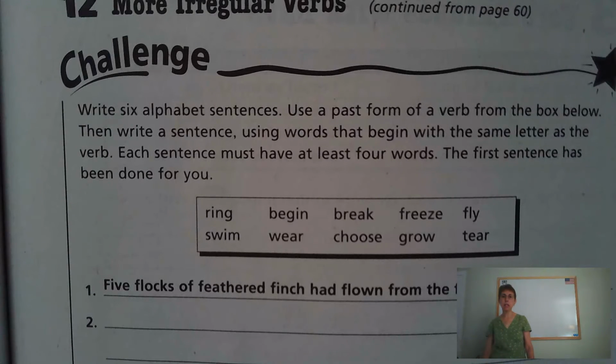Then write a sentence using words that begin with the same letter as the verb. Each sentence must have at least 4 words, at least. At this point in the year, I do expect that your sentences have more than that. But in this case, because they want you to use words that begin with the same letter, they're saying at least 4 words.